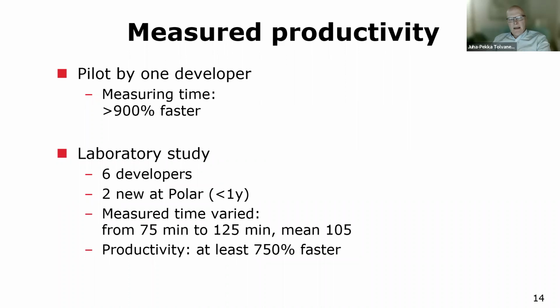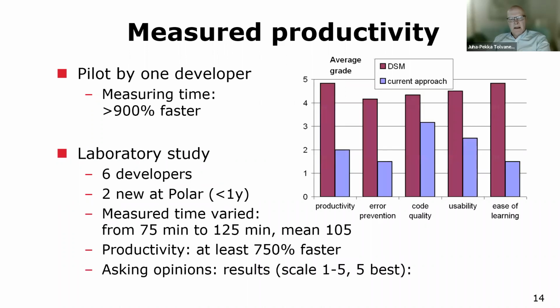So the person at Polar who conducted this also asked simple questions: what is in your opinion, on a Likert scale, 1 to 5, 5 the best, the modeling language, how does it rate on productivity compared to the earlier approach, which was programming in C. So the models are generating C. So rather than writing the code in C, they asked, well, is it more productive? What language helps them to prevent errors from happening?